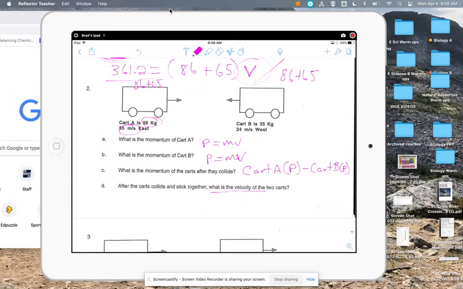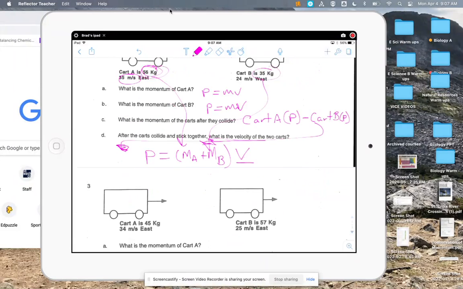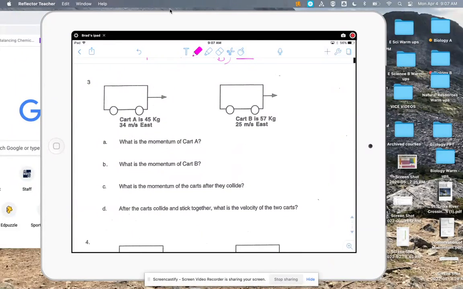You'll know their momentum from solving this in C. So whatever this momentum is, it's going to equal the mass of A plus the mass of B, all multiplied by V. Plugging in the values for the mass of the carts, 56 kilos and 35 kilos, you're going to solve for V using algebra, just like you did in the Sammy and Timmy collision one.